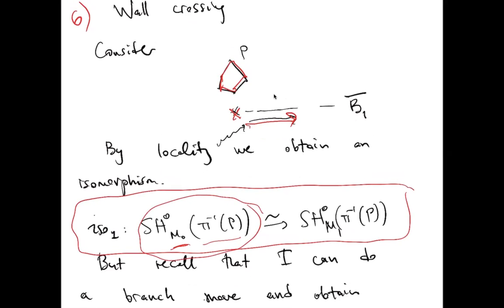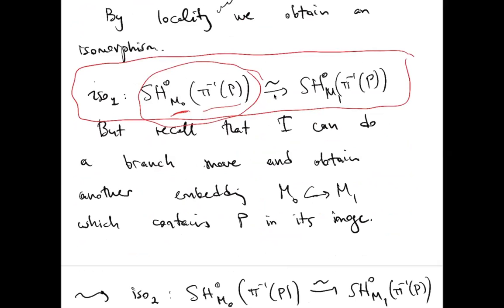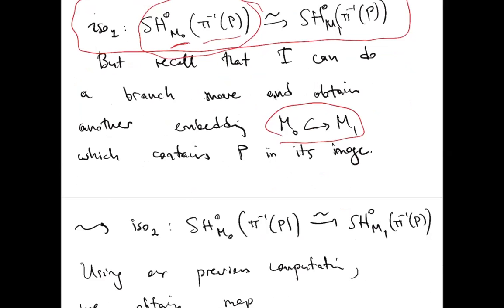Okay, but I can also make a branch cut and choose this, and I have to maybe change this depending on what side it looks like. But if I change the branch and obtain the other embedding of M0 into M1, I get another locality isomorphism.